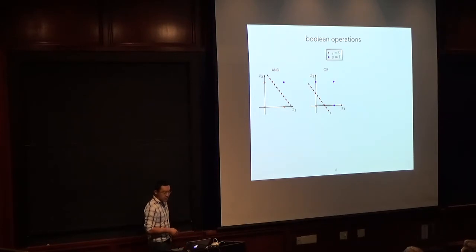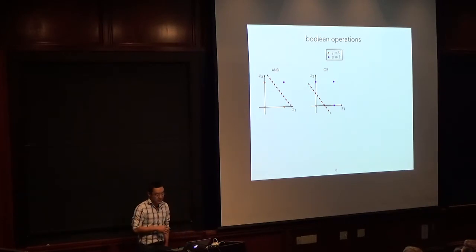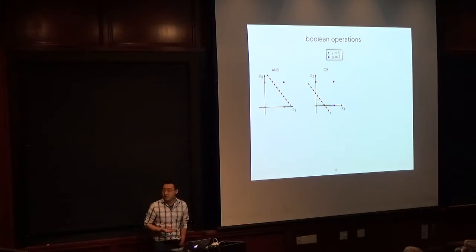The first example says both x1 and x2 have to be large. Let's say both x1 and x2 have the value 1, and then I'll classify as 1, otherwise I'll classify as 0. The second boundary is mathematically equivalent to saying either x1 or x2 has to be large, and then I'll classify as the positive class, otherwise I classify as the negative class.